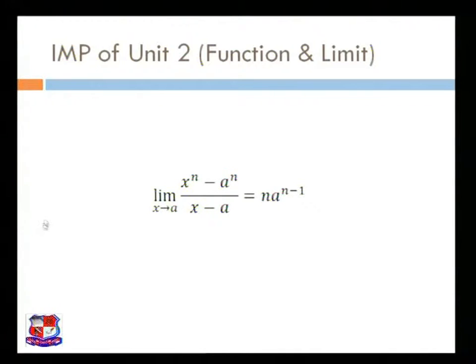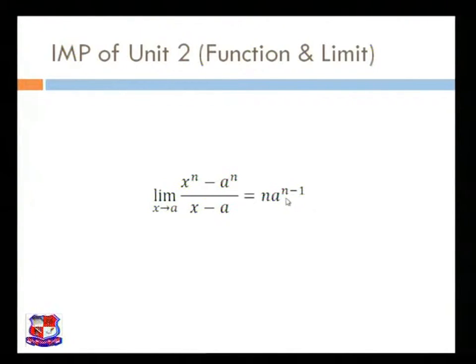Next question, a sum that is based on this theory, that is limit x tends to a, x raised to n minus a raised to n divided by x minus a. Then we use this formula as the answer, n into a raised to n minus 1.